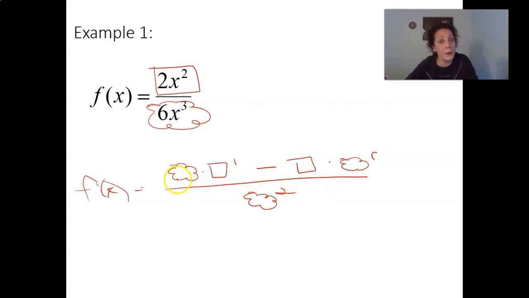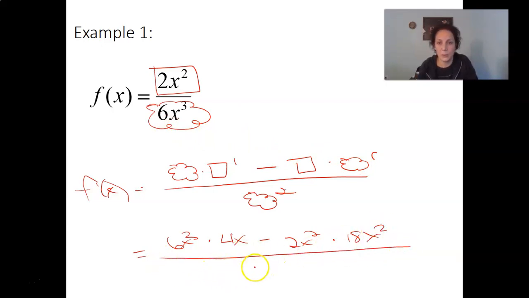So if you can remember to start and finish with your denominator, get low, then you won't forget the quotient rule. So for this one, all I have to do, once I have it written out like this, is pop my pieces together. So my denominator is 6x cubed. My derivative of my numerator in this case will be 4x. My numerator, 2x squared, times the derivative of my denominator, 18x squared, over my denominator squared, which is 36x to the 6th.